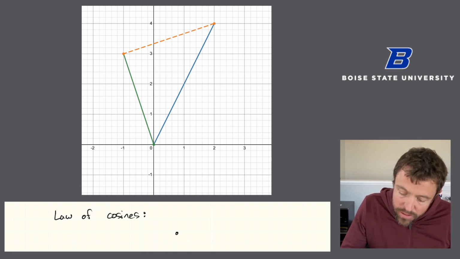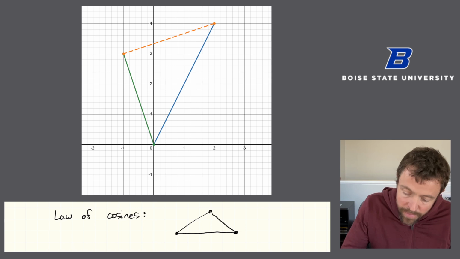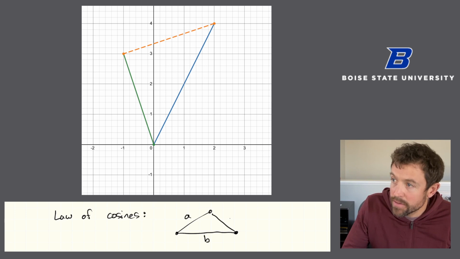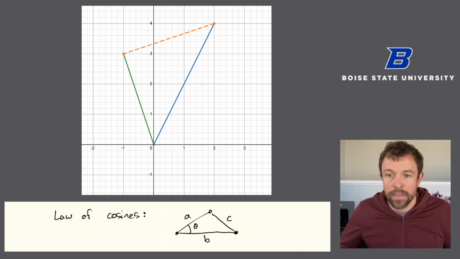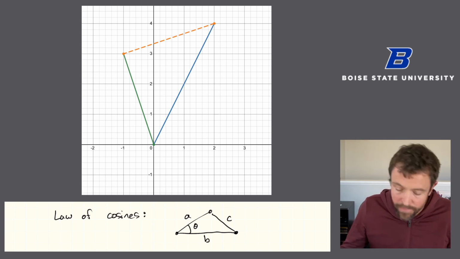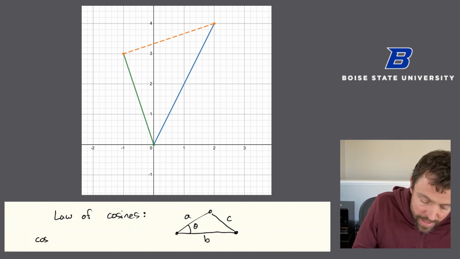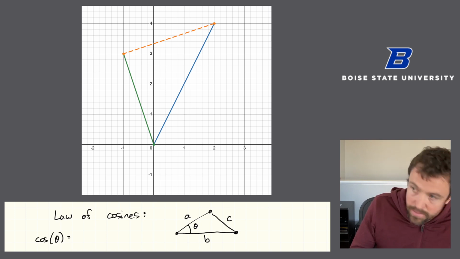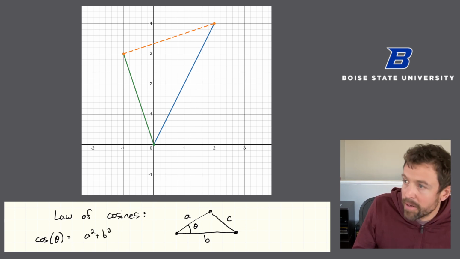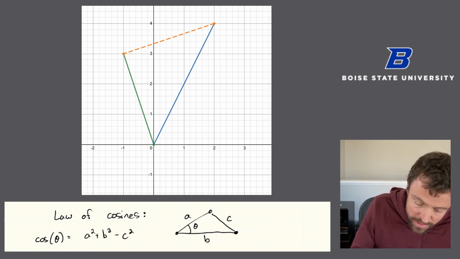It says that, look, if we have a triangle and we know the length of 3 of the sides, and we want to know the angle theta between 2 of the sides, the way we find it is that the cosine of that angle is, incidentally, if you have the law of cosines memorized, props to you.